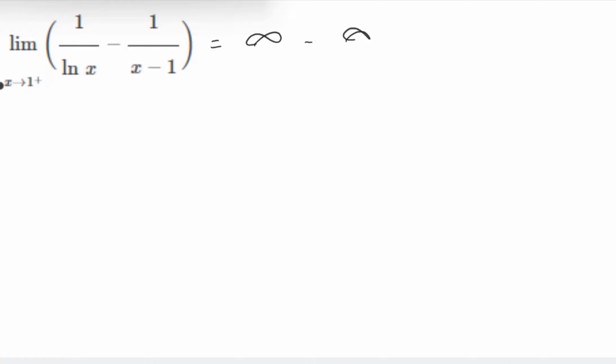All right, so we've got 1 over ln of x minus 1 over x minus 1. So we've got two fractions now, right? How can I take those two fractions and make one fraction?